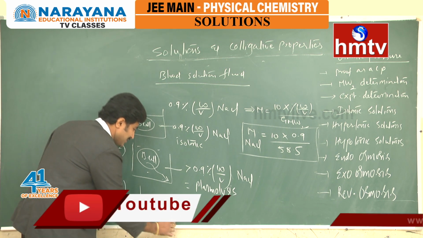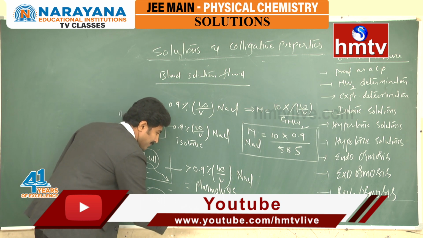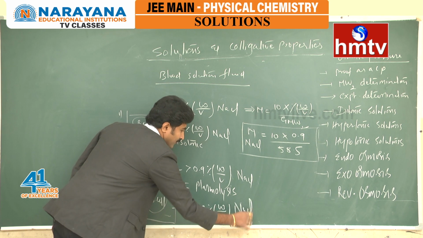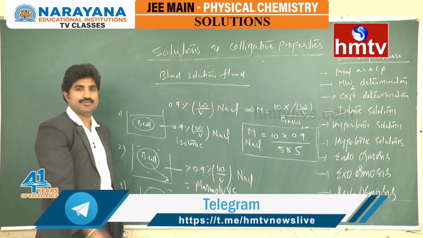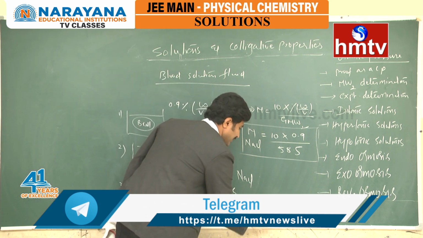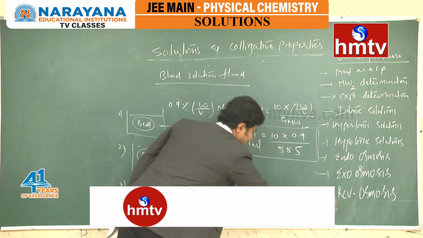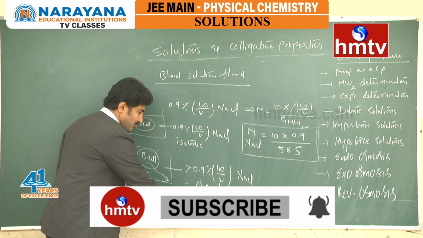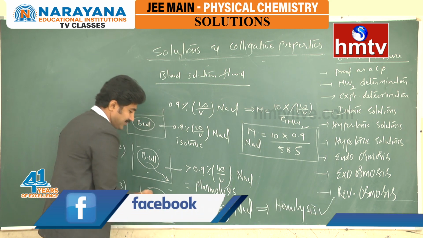Similarly, when the blood cell is placed in a concentration less than 0.9% weight by volume NaCl, that means the blood cell is placed in a hypotonic solution. What happens here? Hemolysis takes place, because the outside solution has less concentration. Solvent molecules come from outside to inside.